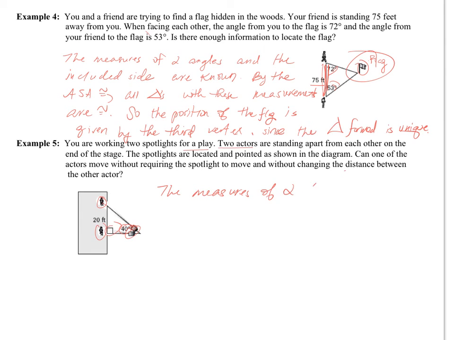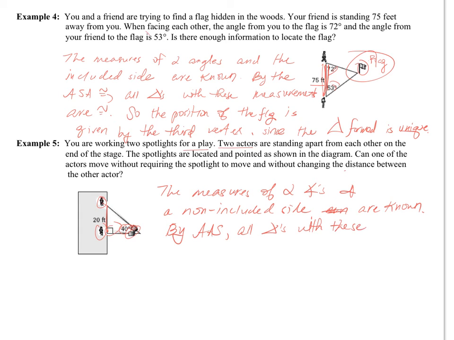the measures of two angles and a non-included side, so it would be this one, are known. By angle, angle, side, all triangles with these measurements are congruent.